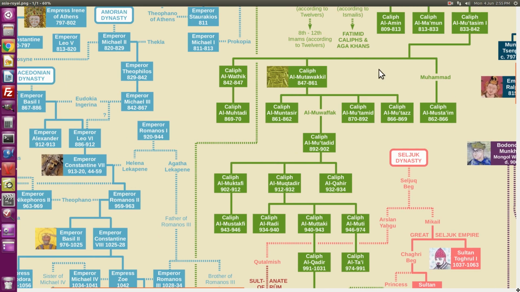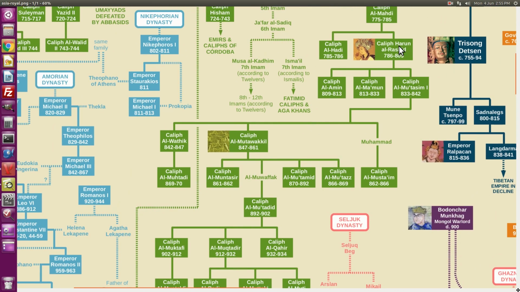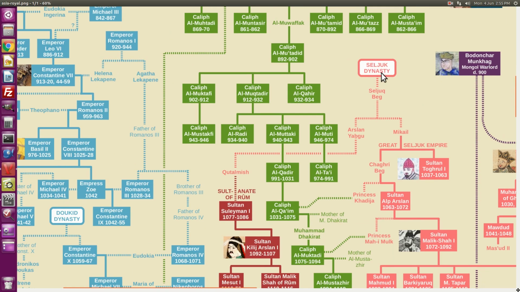Basically, for several hundred years following the Prophet Muhammad, the Middle East was ruled by caliphs. Caliphs were the successors to the Prophet Muhammad, and they basically became political leaders, though, and ruled much of the Middle East. But about the year 1000, Turkic tribes started to move into the area and became very powerful.